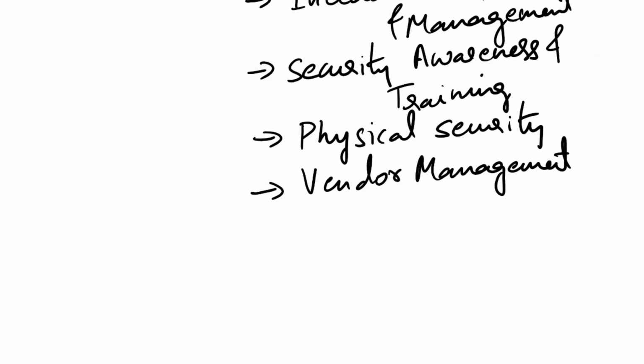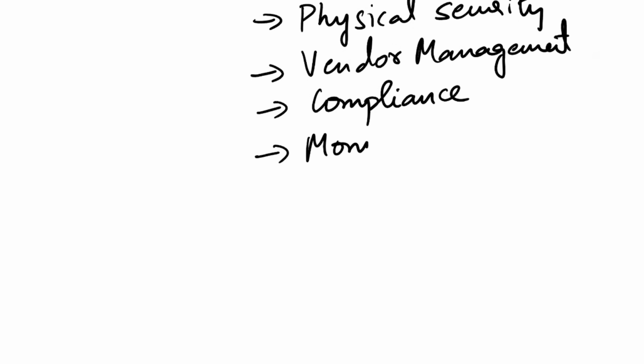Ensure that there are processes for monitoring and ensuring the security of third-party services and products. Next, compliance. Verify compliance with relevant cybersecurity regulations and standards. Ensure that the organization conducts regular compliance audits and stays informed about changes in regulatory requirements.